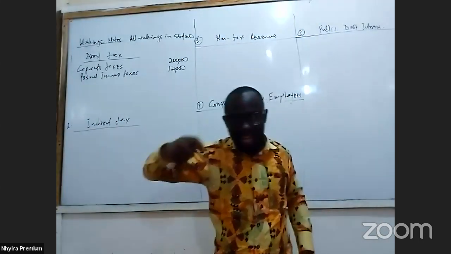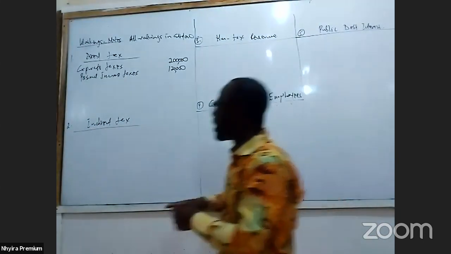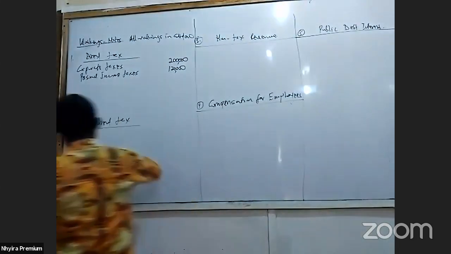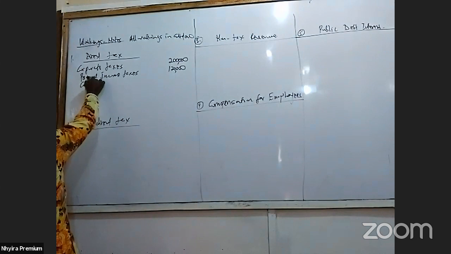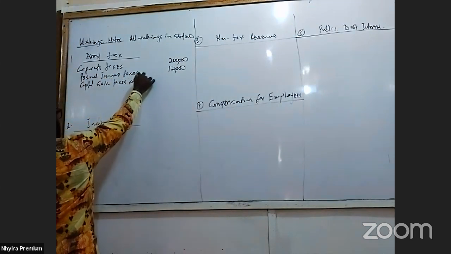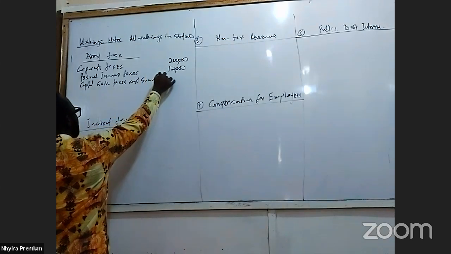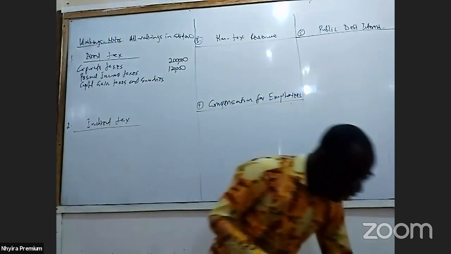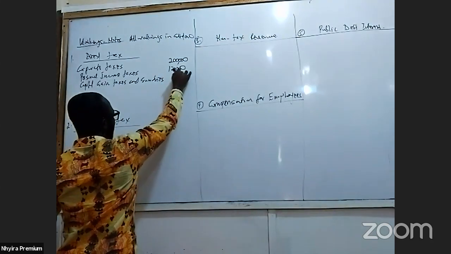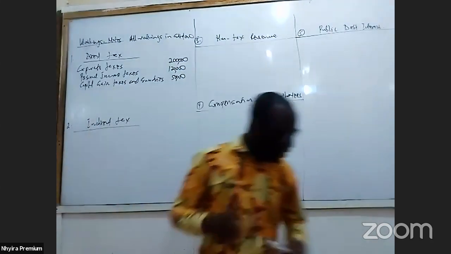So that is a direct tax, and so that has to come under our direct taxes. So that is how much? 50K. All right. Next one.